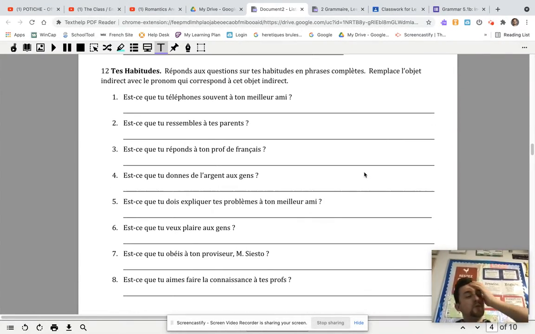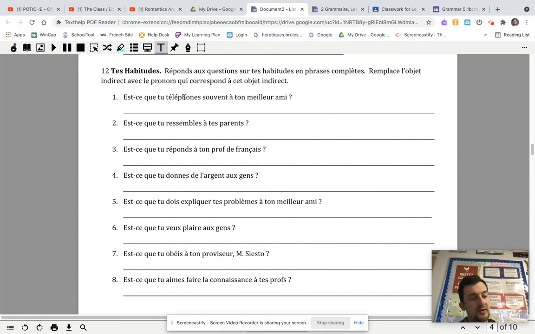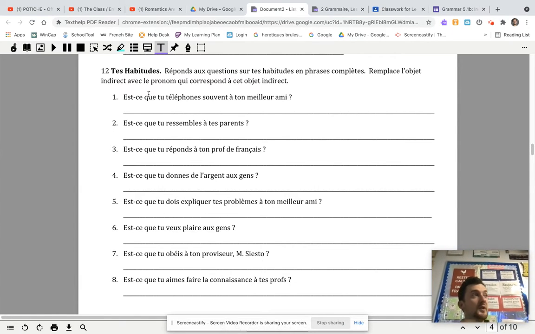All right. Numéro 12, tes habitudes. Réponds aux questions sur tes habitudes en phrase complète. Respond to the questions on your habits in complete sentences. Try and use the indirect object that corresponds to the thing in the question. So, number 1, it says, est-ce que tu téléphones souvent à ton meilleur ami?